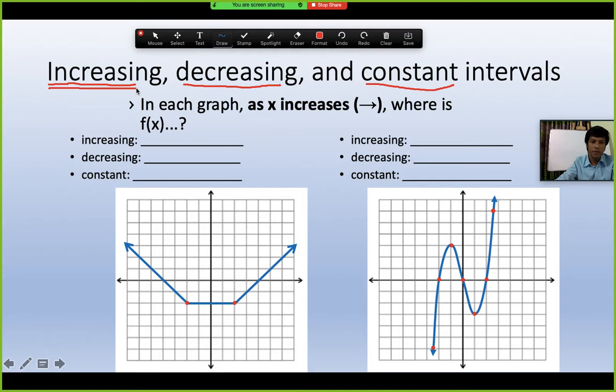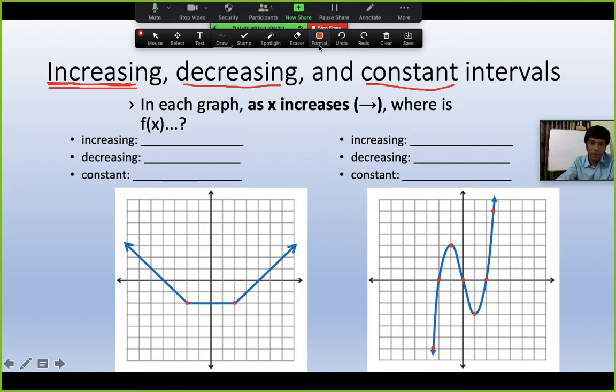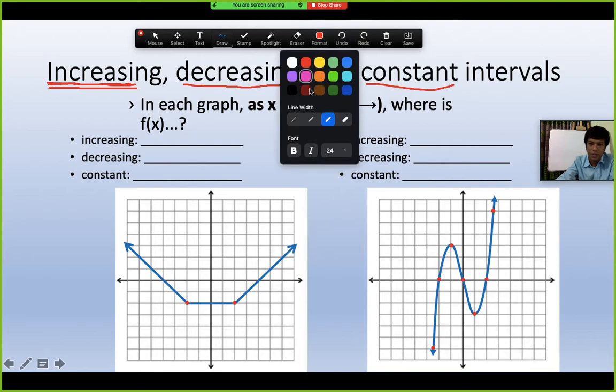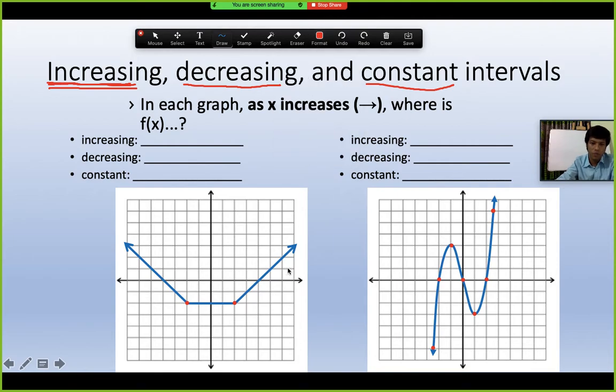Increasing graph means that your x value and y value both increase at the same time. Let's look at the graph and discuss it from here, so that it makes more sense. If you look at this point, what is the coordinate of this point?